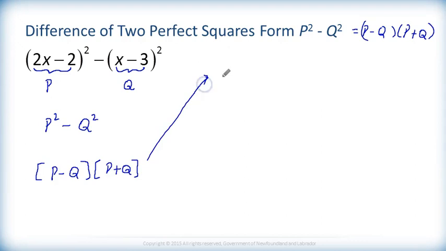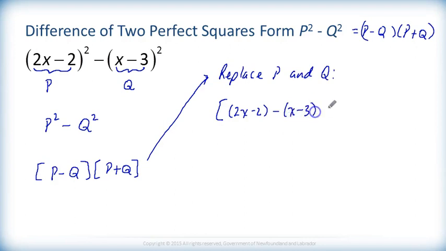We now replace p and q. And put in the 2x minus 2 for the p in the first bracket and the x minus 3 for the q in that first bracket.